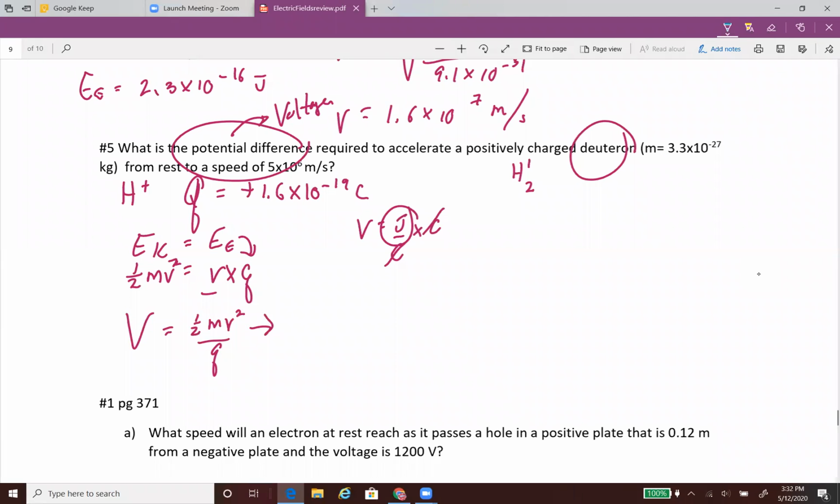So the voltage would be 1/2 times the mass of this particle, that's the mass of 1 proton and 1 neutron. Remember, they're about the same mass. Times its speed squared, over the elementary charge, since it's missing 1 electron.